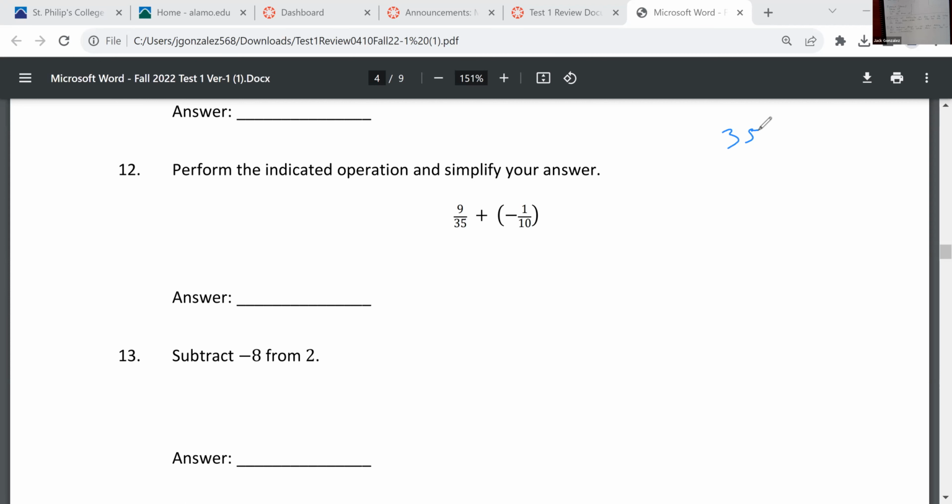We need to look at the prime factors. 5 and 7. Factors of 10: 2 and 5. What is your LCD? 70. 70 would work. Is that the smallest? It might be.